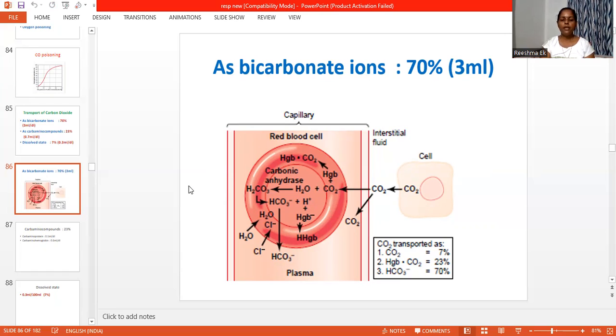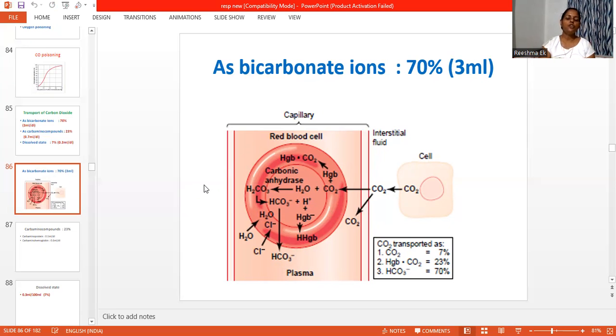In the tissue capillary RBC, the hemoglobin is present. This H plus combines with hemoglobin to form HHb. Then the HCO3 minus is now present in the plasma of tissue capillary blood.